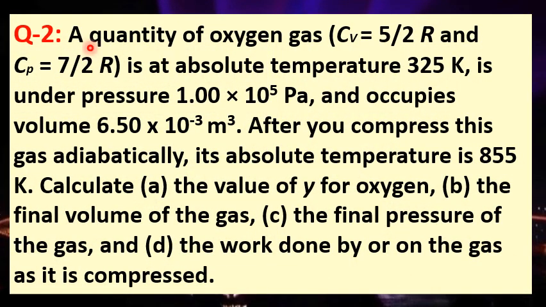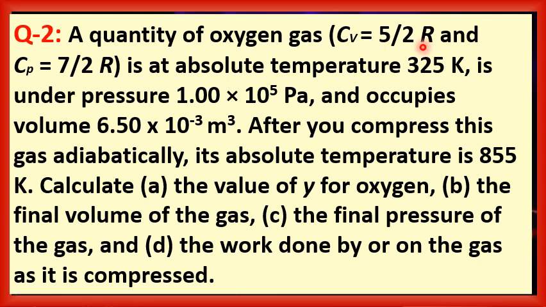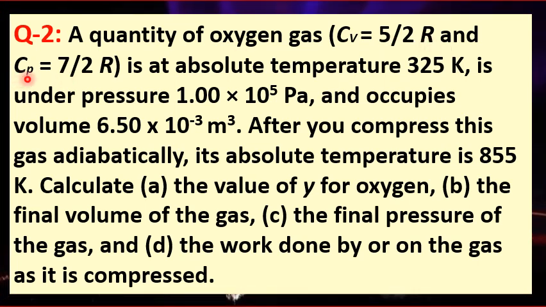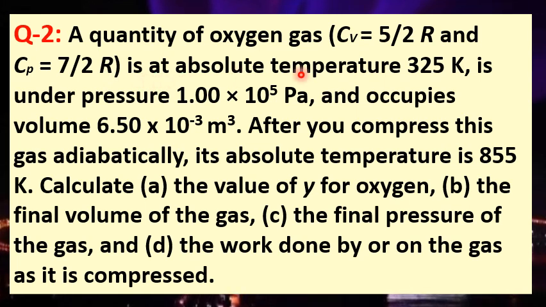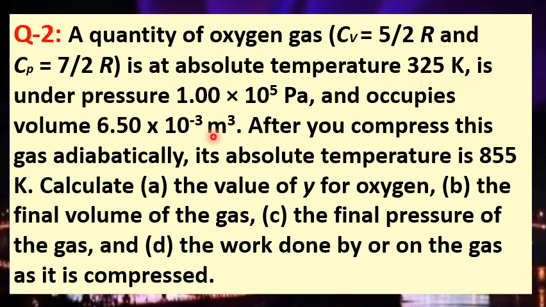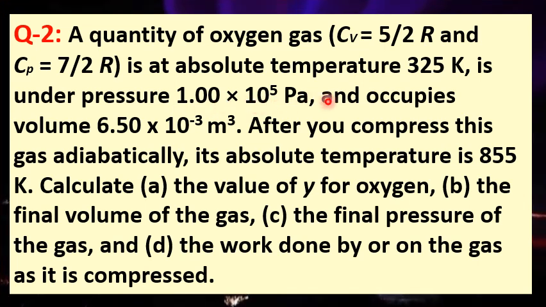Our last question, number 2. A quantity of oxygen gas with heat capacity C sub V equal to 5 halves times the universal gas constant R, and C sub P equal to 7 over 2 multiplied by the universal gas constant, big R, is at absolute temperature 325 Kelvin and is under pressure equal to 1.00 times 10 to the fifth power Pascal and occupies volume of 6.50 times 10 to the negative 3 meter cube.